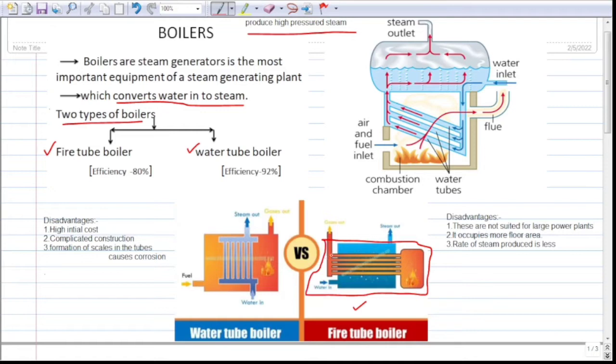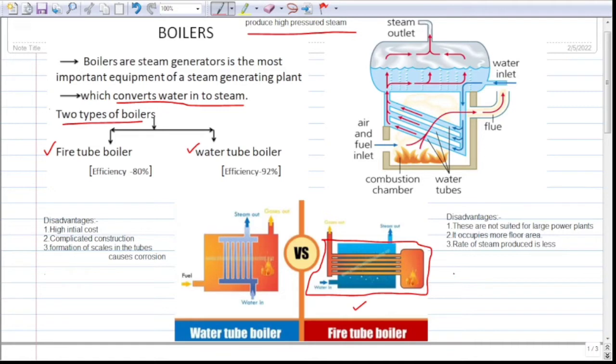The steam is generated wherein the water is heated by the heat energy from the gases being passed through the tubes surrounded by the water.